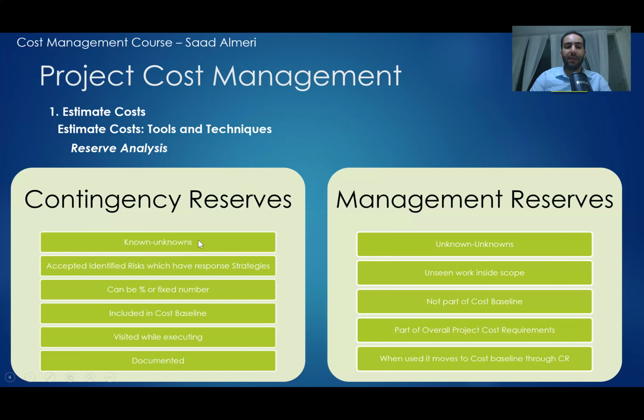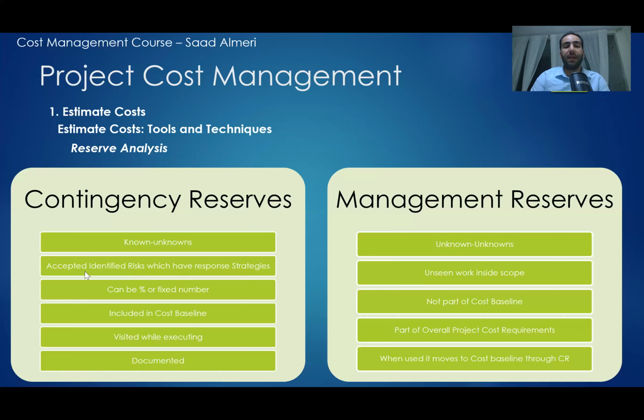And then for this risk of snow, we put, for example, a small amount of money. In risk management, which we will talk about later, it is to cover the accepted identified risks, which have response strategies. When we define the risks in the project, there is one type of risk response called the acceptance strategy.